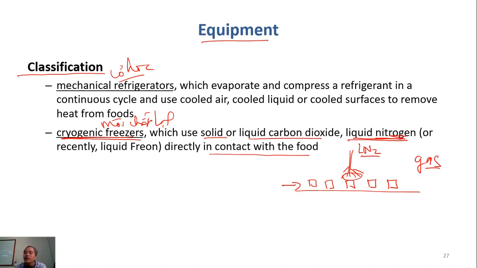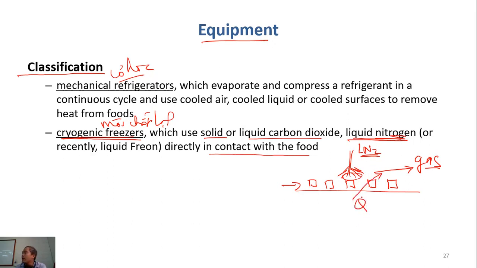Here it is liquid because they have to compress it, they have to increase the pressure to make it liquid. So when we spray it into the air at atmospheric pressure, the liquid nitrogen will be converted into gas. And when it is converted into gas, does it absorb the heat or release the heat?